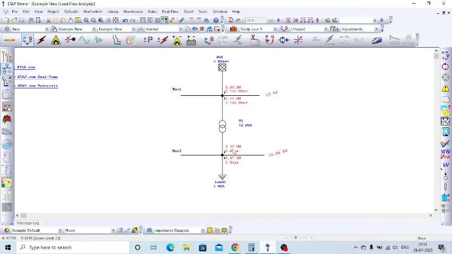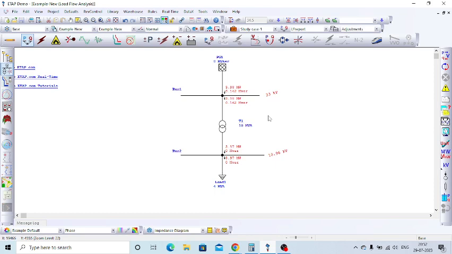It is not taking any reactive power on the LV side. Then you may be surprised why on the transformer HV side it is drawing some reactive power, that is 142 kVAR. The reason is the transformer impedance.